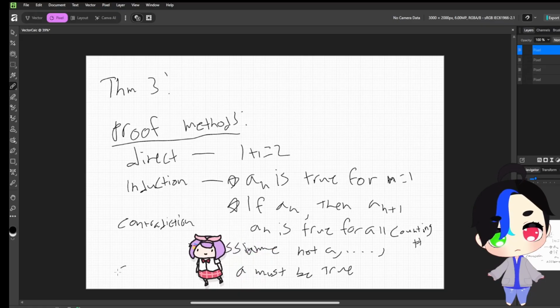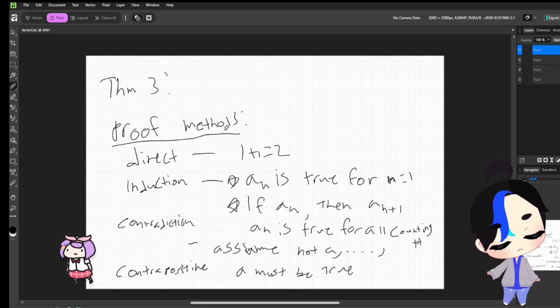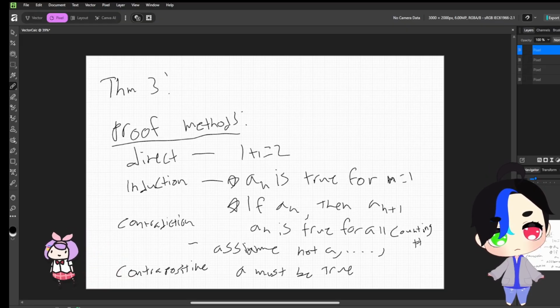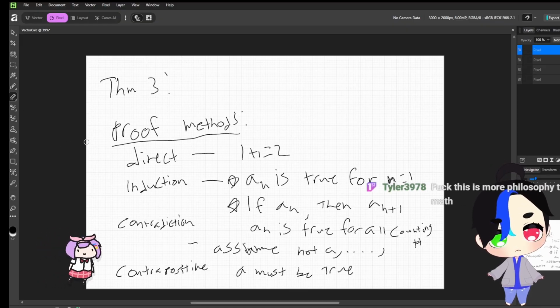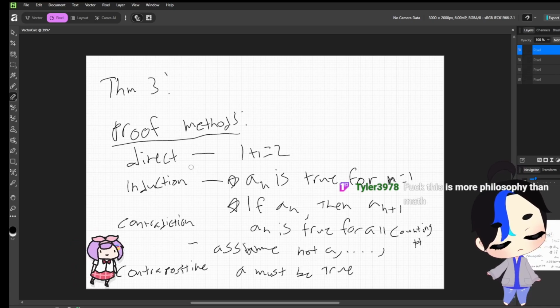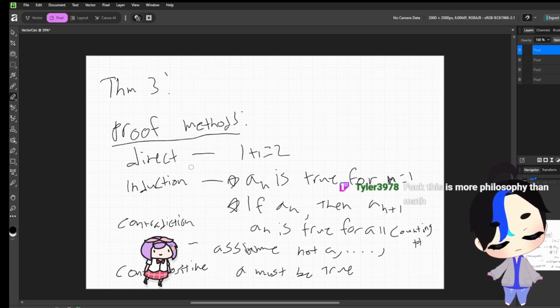And then there's also proof by contrapositive, which I'm not going to talk about because I don't want to go into what a contrapositive is. That's a logic thing. I'm sure Aleph, given that he is a mathematician, definitely knows what it is. So you could ask him to talk about it. Yes, actually. It's funny you say that, Tyler. Yes, it is logic.